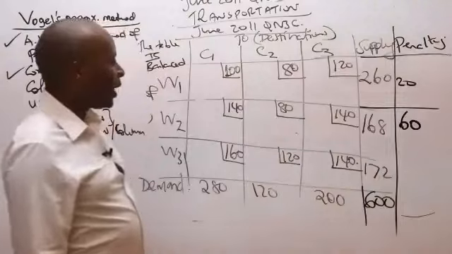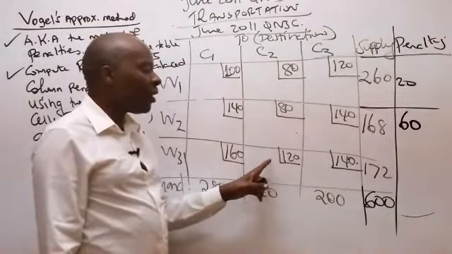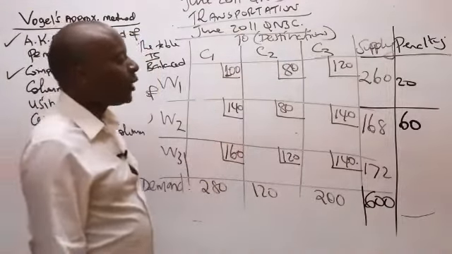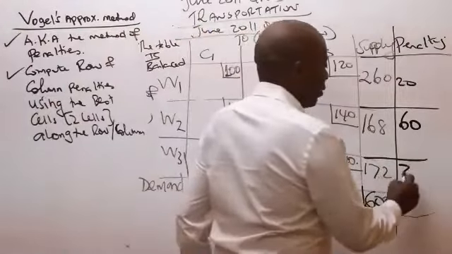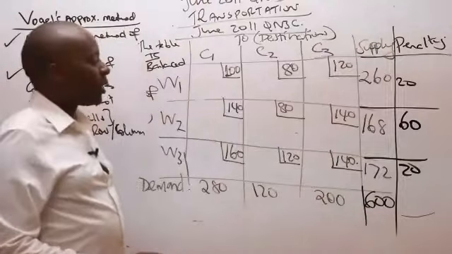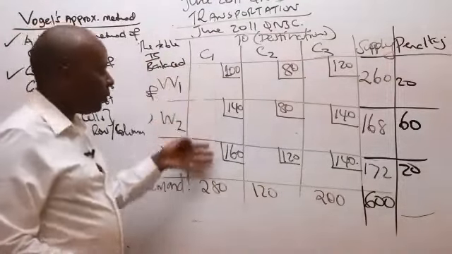Ladies and gentlemen, after that, we go to the third row. So third row, the very best is 120, followed by the second best, which is 140. When I subtract the two, I should be able to come up with a penalty of 20 like that. So ladies and gentlemen, let's go to column number 1. So column number 1, who is able to advise me?